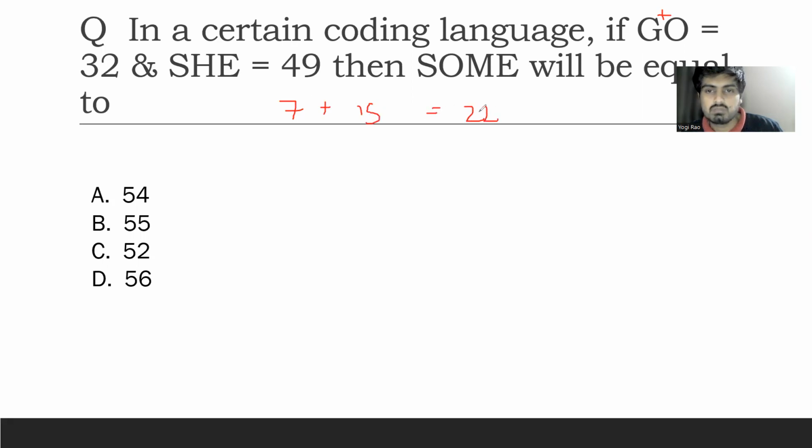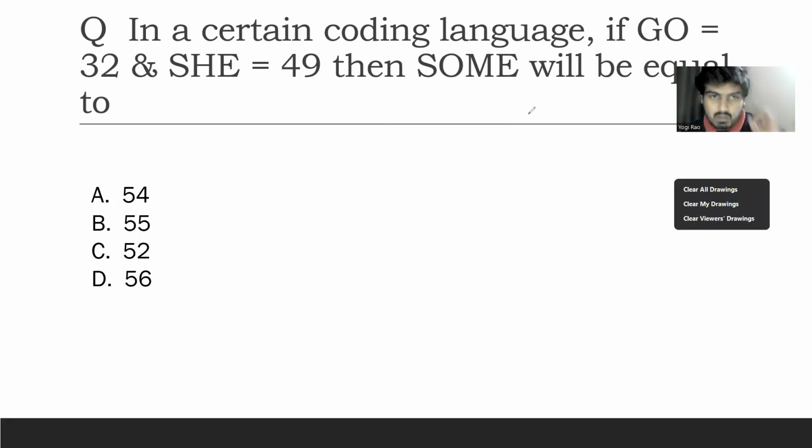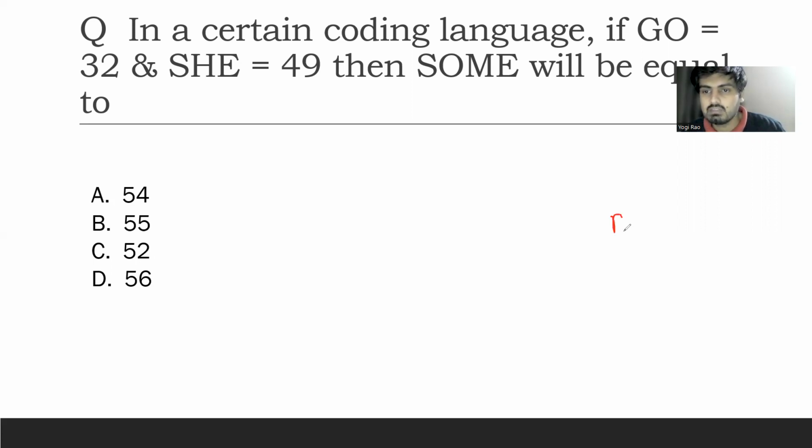So it's not the same. So this logic goes wrong. In most reasoning questions, only 4 logics work. That is add, subtract, square, and cube. 80% of the questions will get solved by these 4 logics.